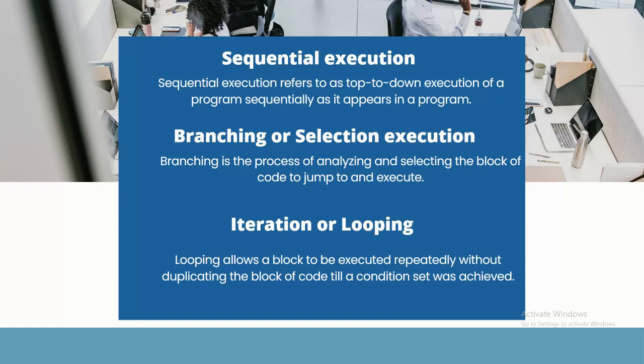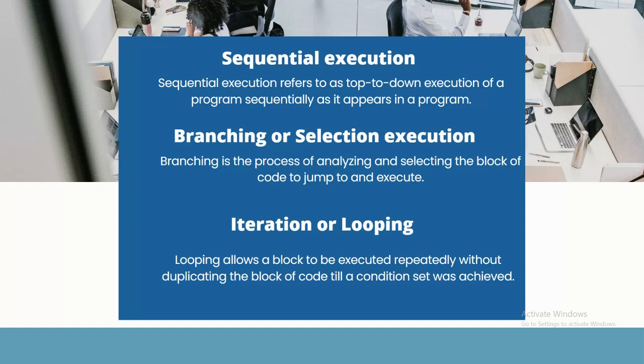Then we have iteration or looping. Now when we talk about looping, another word I would use here is repetition, which is the same thing as iteration, to do something over and over again. And part of the programming construct that we are going to be looking at is looping. Let's say you want to count from 1 to 1000.